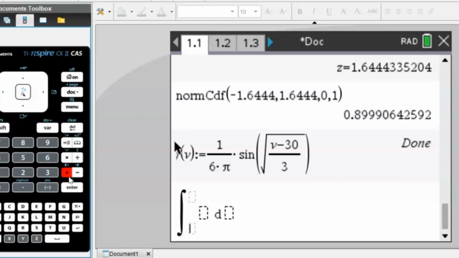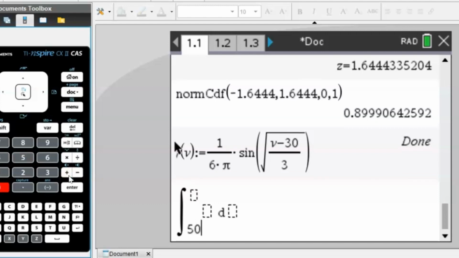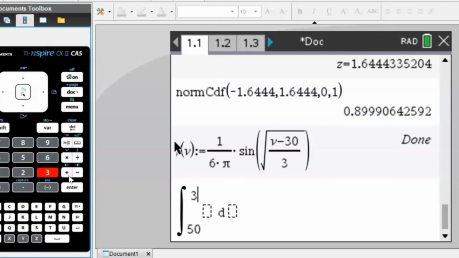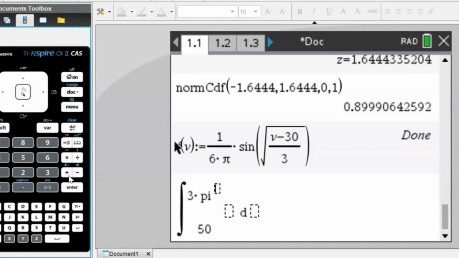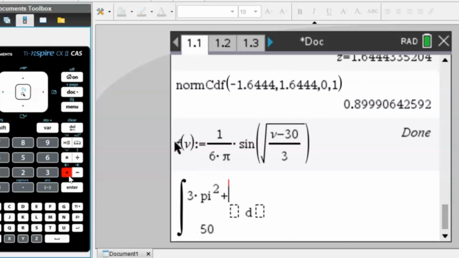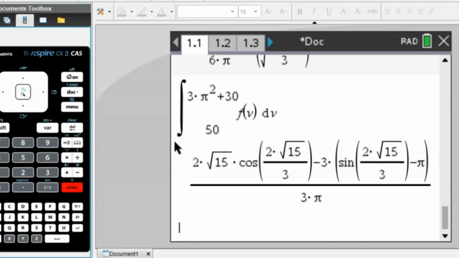the integration from 50 to 3 pi squared plus 30 of f of v, so it's that.